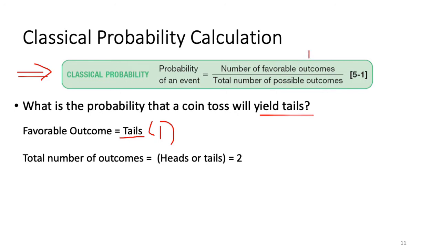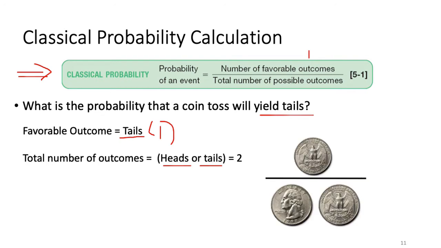The total number of outcomes possible every time we toss a coin, we can see either heads or tails, therefore there's 2 possible outcomes. So in terms of our experiment, there is 1 out of 2 possible outcomes that the coin toss will yield heads. So the probability that our coin toss will yield heads is 1/2 or 50%.